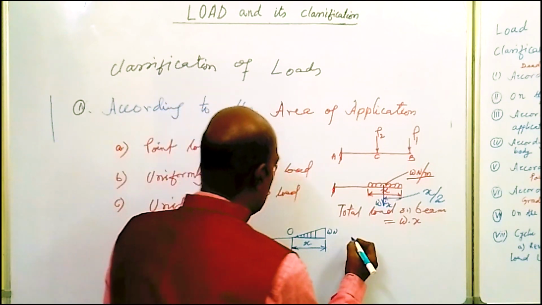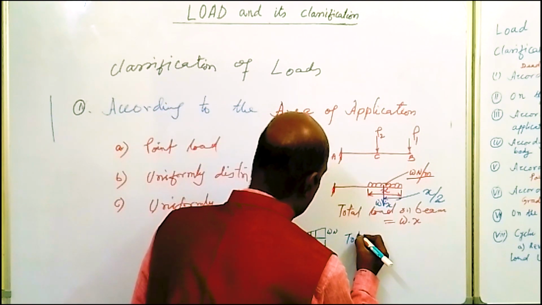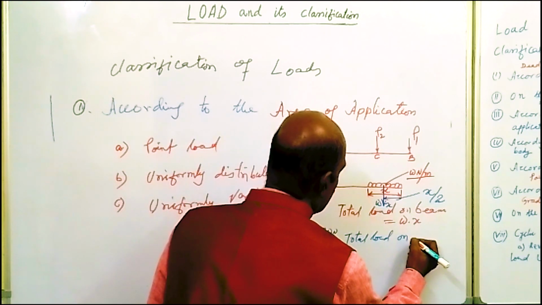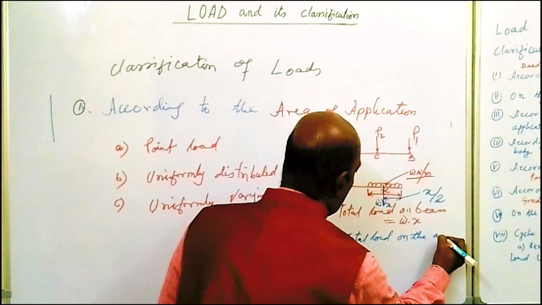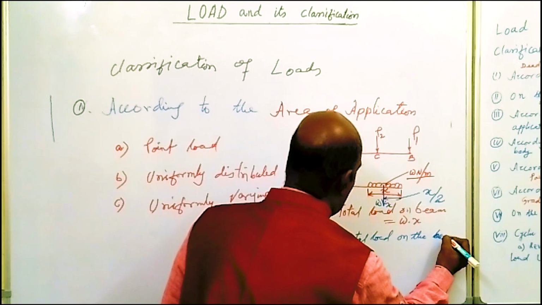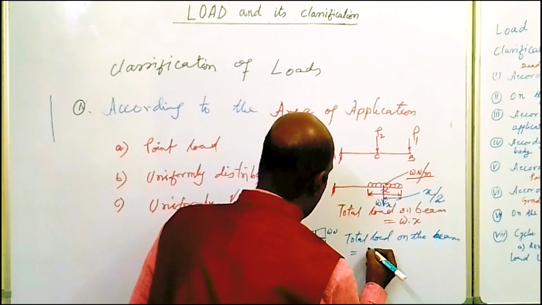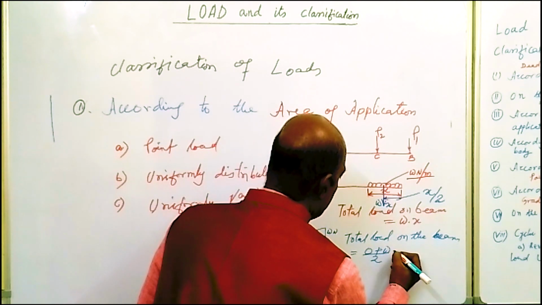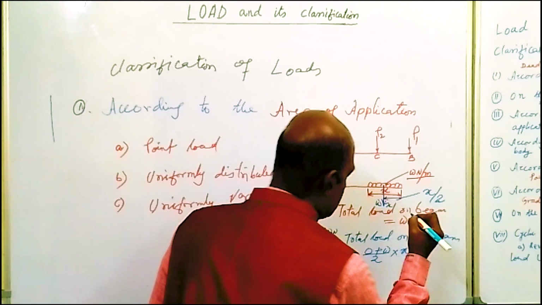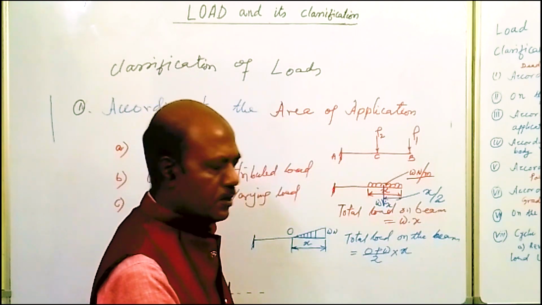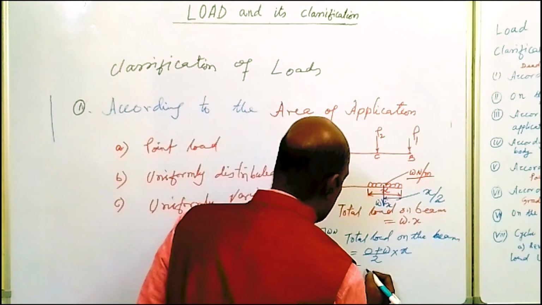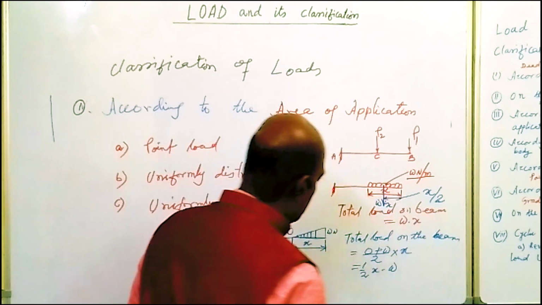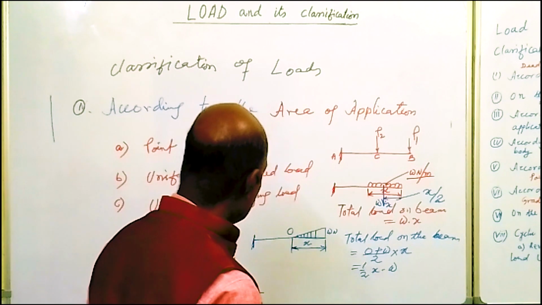What is the total load acting on the beam? It is the average load, 0 plus W by 2, into the length for which it is distributed. That means half into x into W. What is half into x into W?